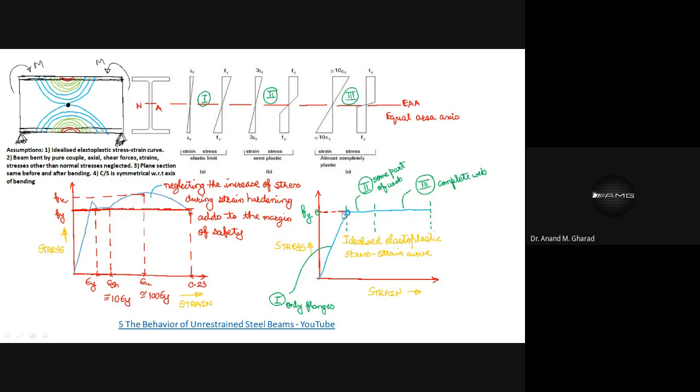But since we have idealized that stress strain curve and we have considered this to be a straight line, because of that, you can see this behavior is again a straight line. Are you getting me? This variation of the stress is a straight line. Okay.